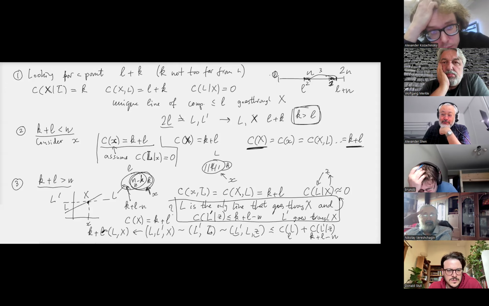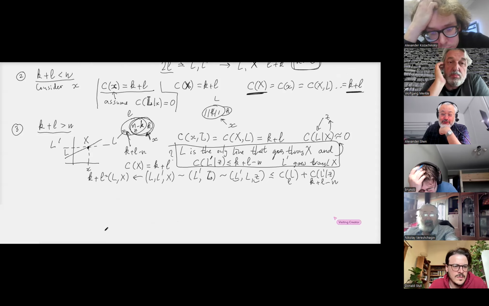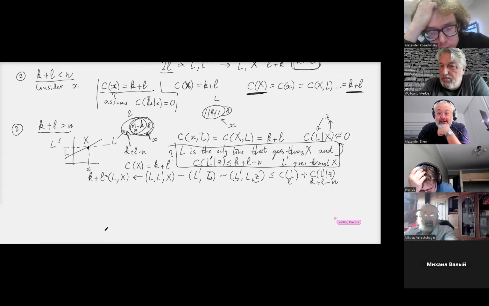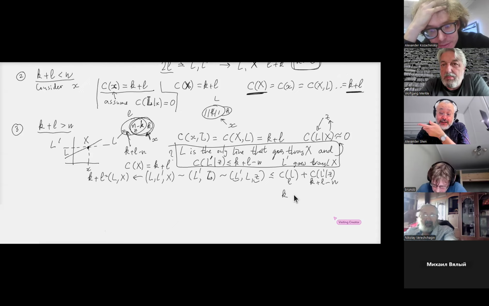It's always the place where I'm confused. L is smaller than n. L minus n is negative, and we have a contradiction. Here it's written K plus L minus n, and here it's written K plus L. And the contradiction is that this is negative.